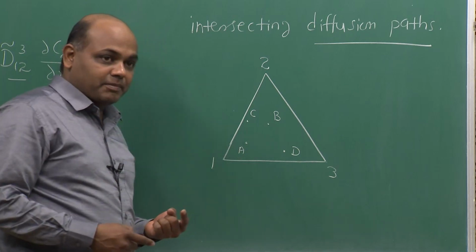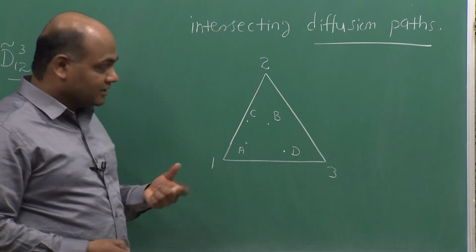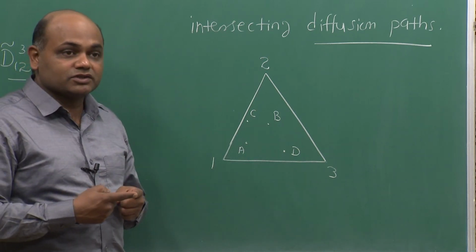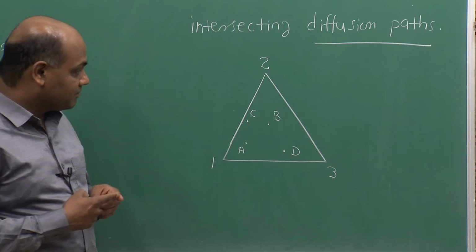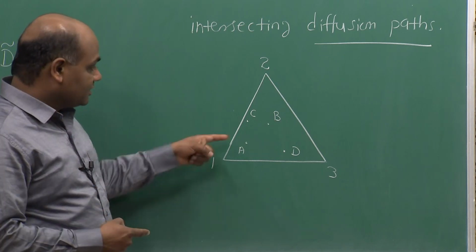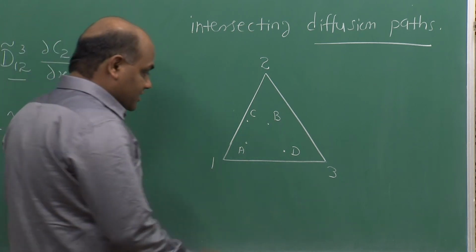If I prepare the two diffusion couples such that the straight lines joining the two terminal alloys intersect, there is a high possibility that the diffusion paths of the two will intersect.